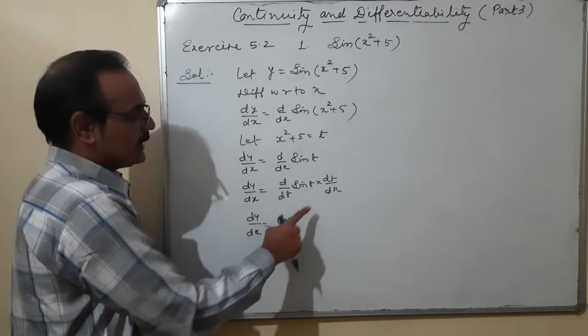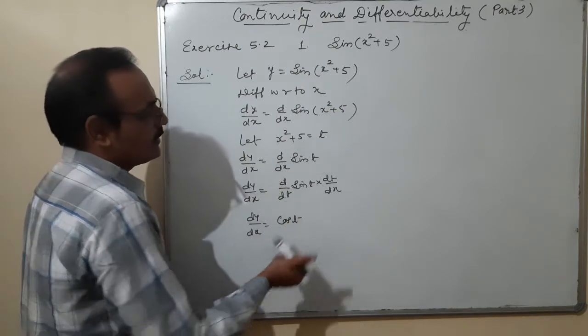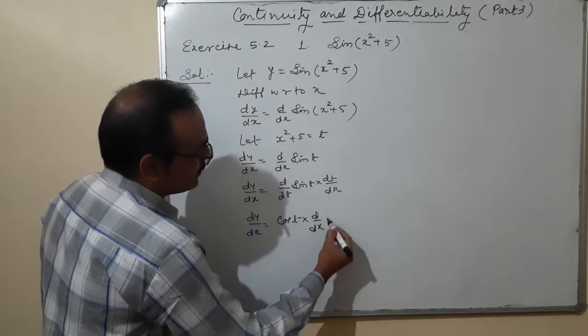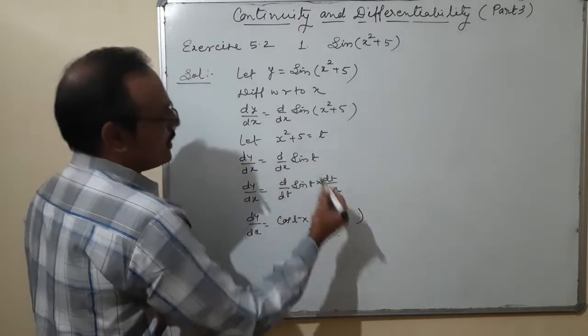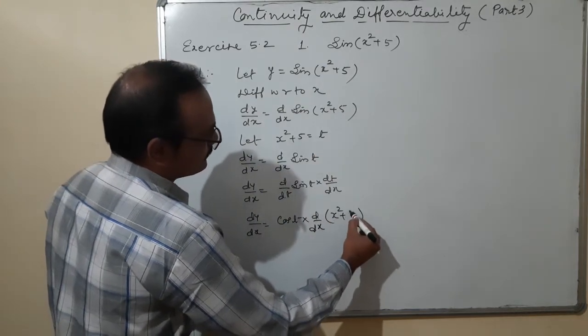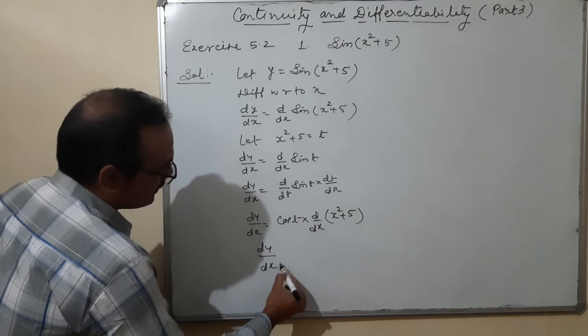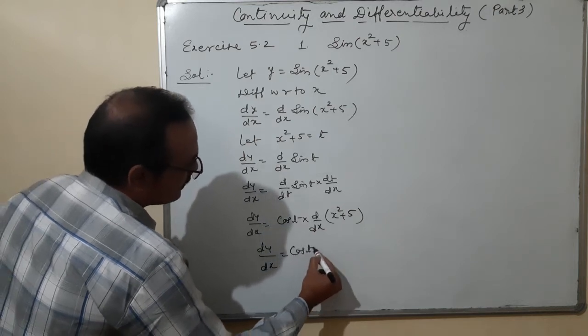Then dy by dx, and the value of t is replaced with x square plus 5.